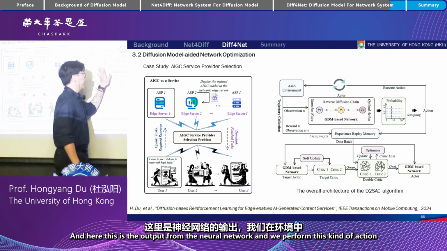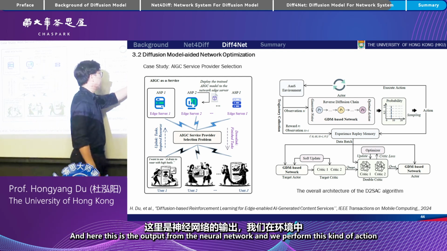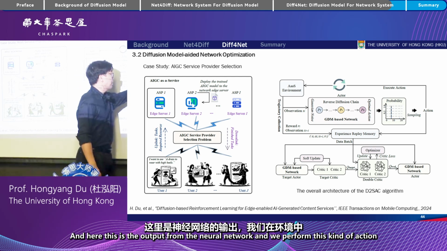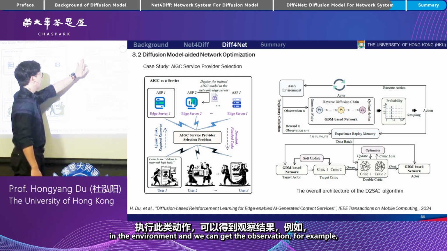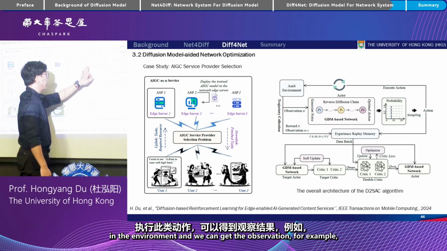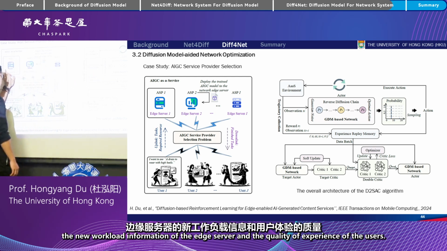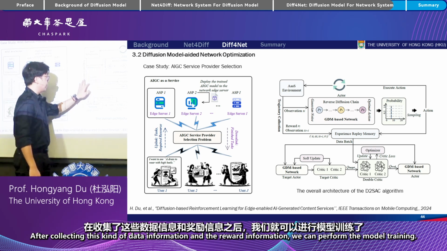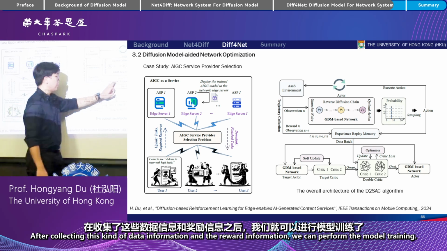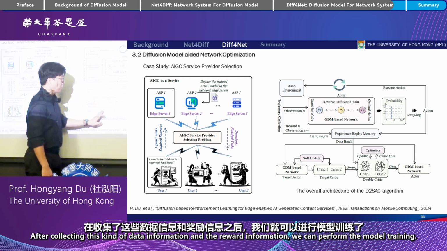And here, this is the output from the neural network, and we perform this kind of action in the environment, and we can get the observation. For example, the new workload information of the edge server and the quality of experience of the users. After collecting this kind of state information and the reward information, we can perform the model training.